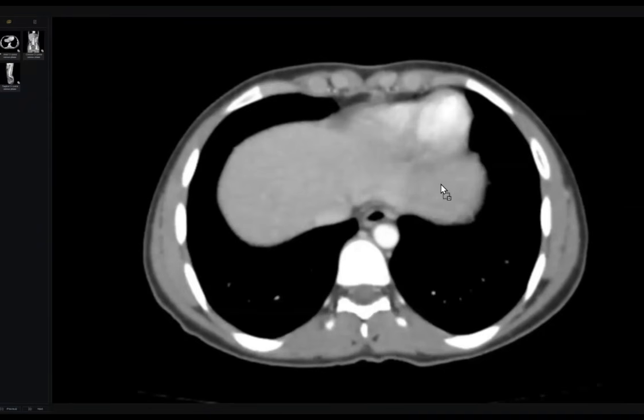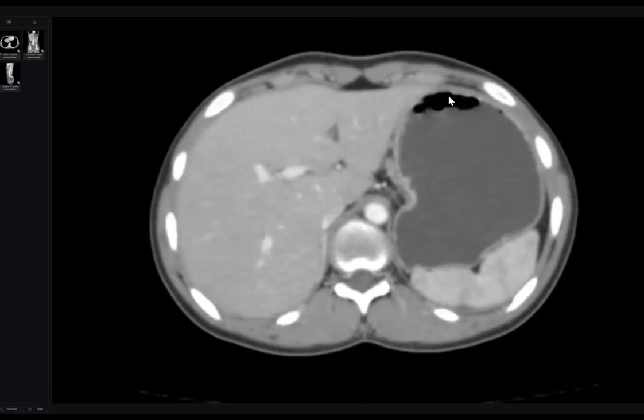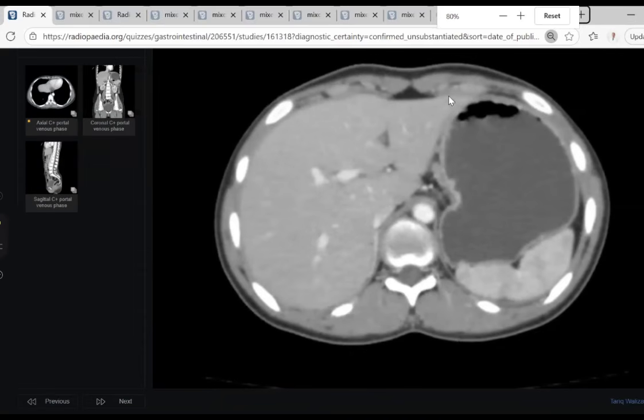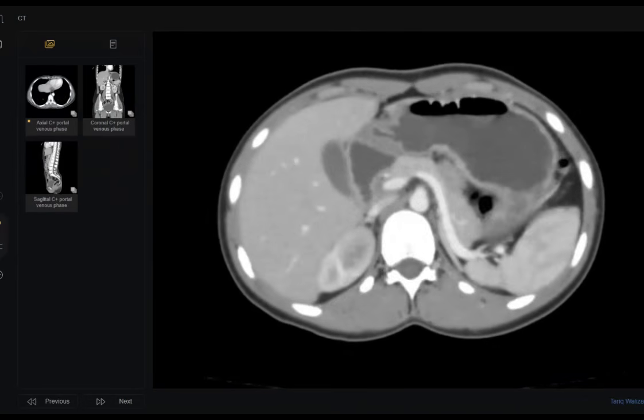I will scroll for you. Leave the mouse. Can you use the bar? These are axial sections. One second. Can you use the arrow? Sir, one minute, I will check. It's very important. It's not working. I will scroll for you.